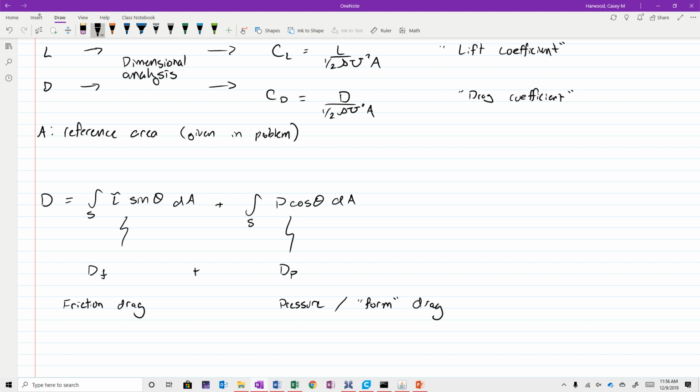Okay, so what we're saying is that the contributions to drag are, again, shear stresses and pressures. And so if we keep those two separate, we can understand that the friction drag itself, by its name, is composed entirely of the shear stresses around the surface. And the pressure drag can be due to the imbalance of pressures in front of and behind an object.